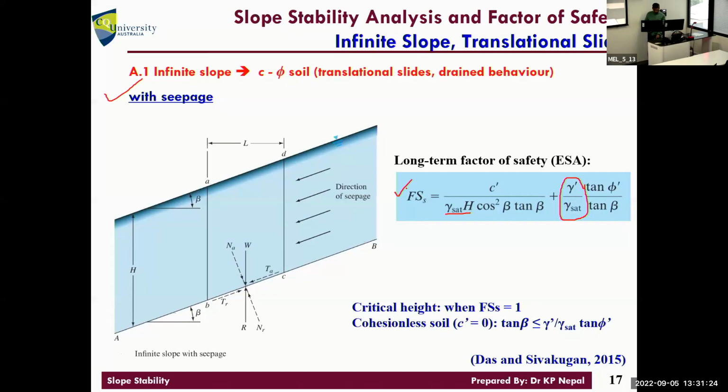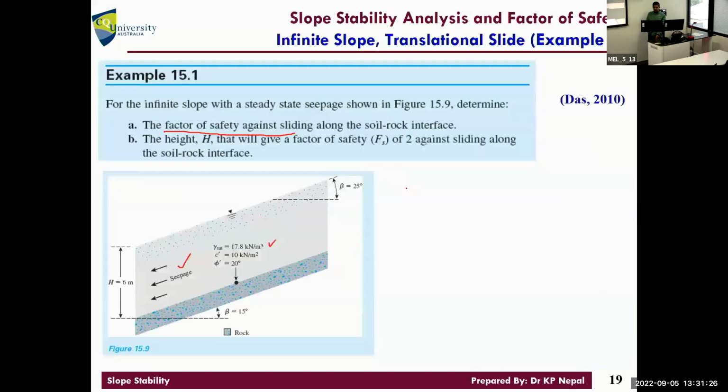Yes, sir. Okay, go back now. Can you substitute now? What is the first one? C dash is 10. Can you put those data in? And the phi is 20, beta is 15. Saturated unit weight, I think we do have submerged also in the equation.